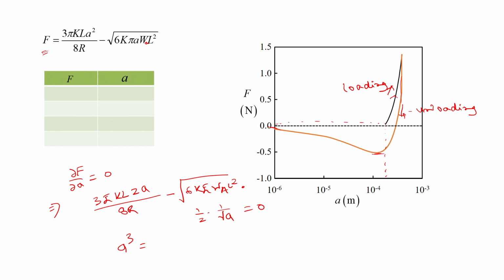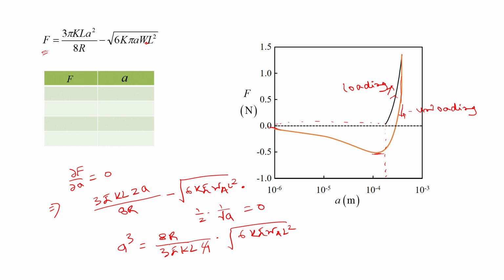So, A cube will be equal to 8 r by 3 pi K L, and 4 into 4 here, right. So 2 goes over here. I have taken 2 here. So it is 6 K pi W A L square, like this.